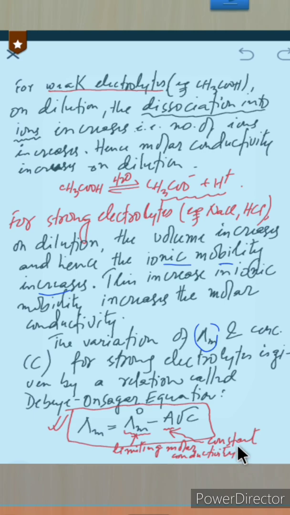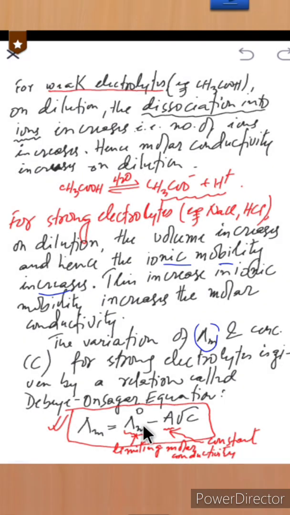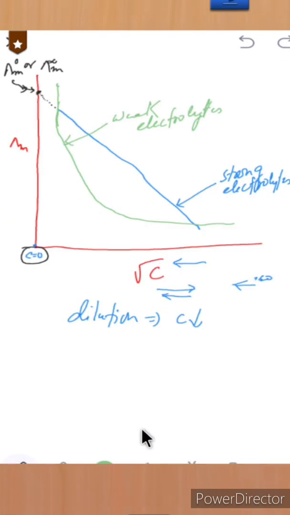This a is a constant, a solution constant, c is the concentration, and lambda m naught or lambda m infinity is the limiting molar conductivity. Limiting molar conductivity is the molar conductivity of the electrolyte solution at infinite dilution, or when the concentration of the solution approaches 0. In the next video I am going to explain about this molar conductivity at infinite dilution.